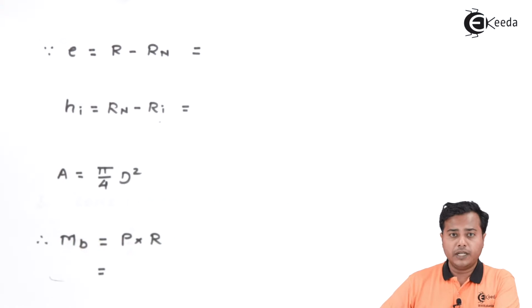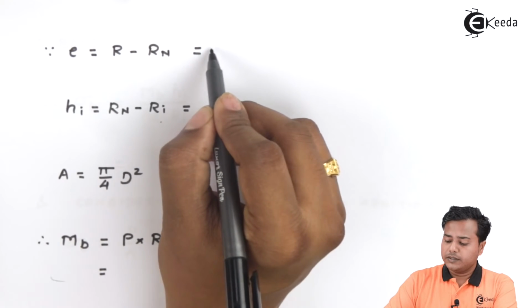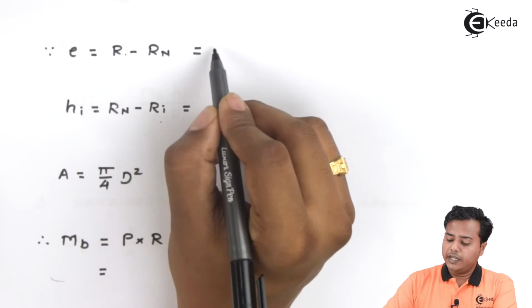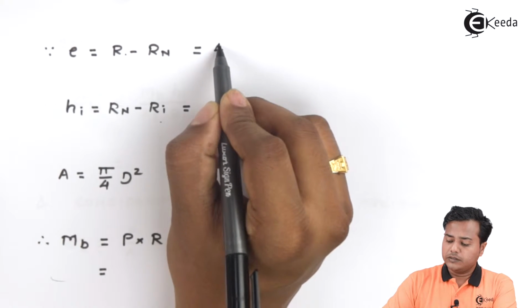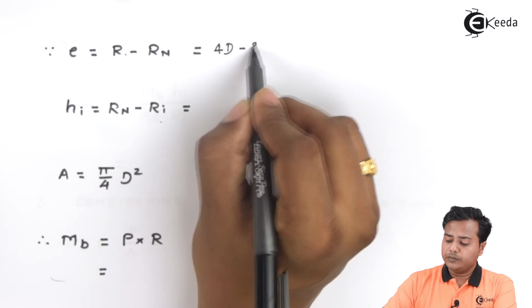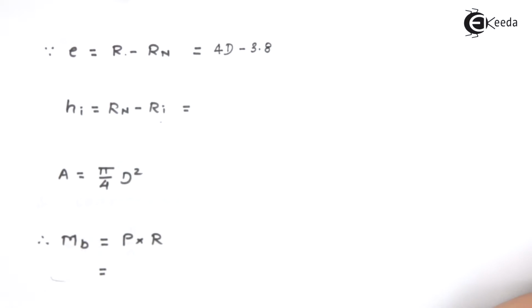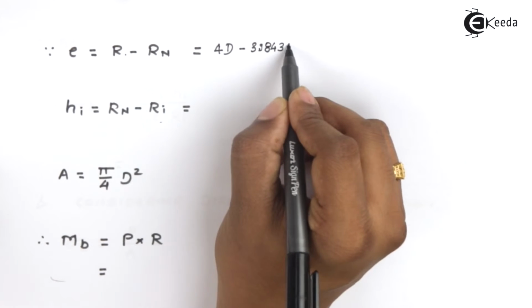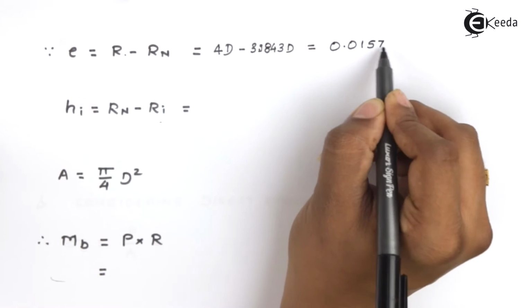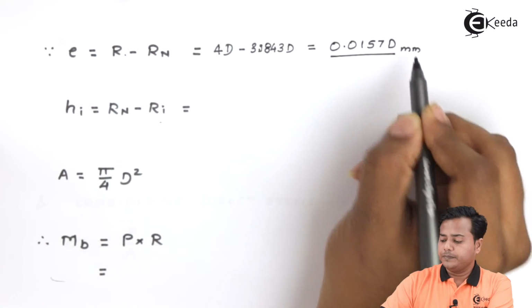To move ahead, let's figure out the expression for the eccentricity, small e, which is nothing but the mean radius, which is 4 times the diameter D, minus the recently found value, millimeter.